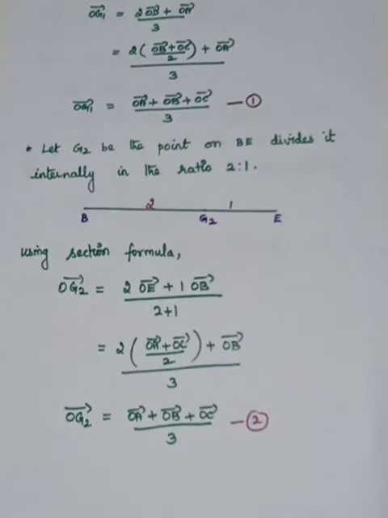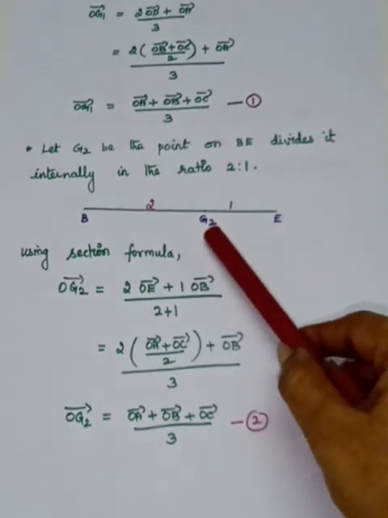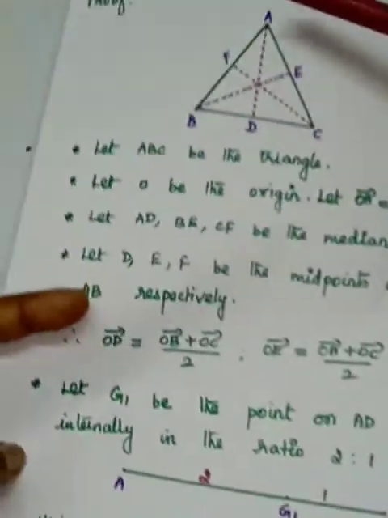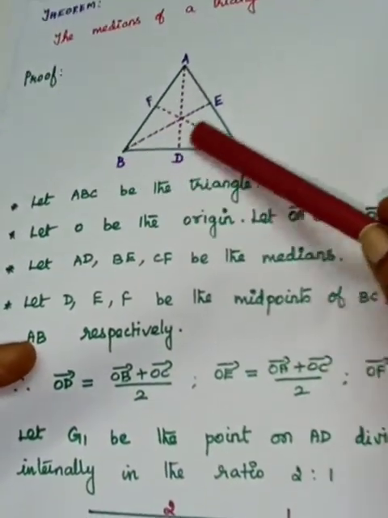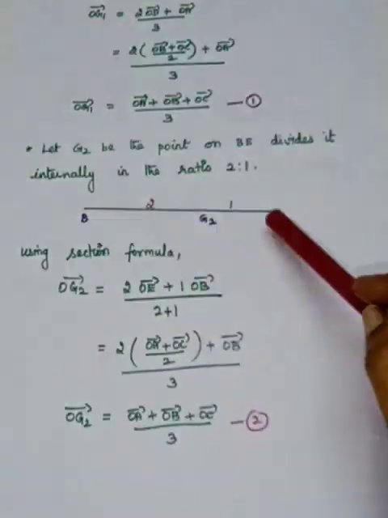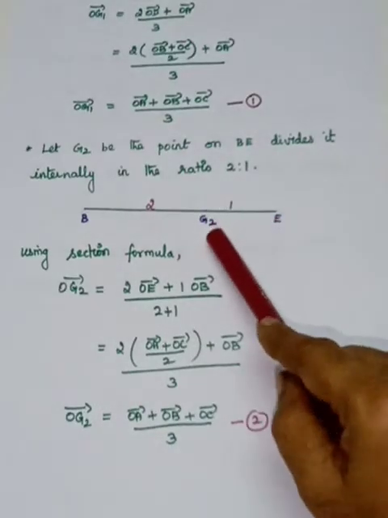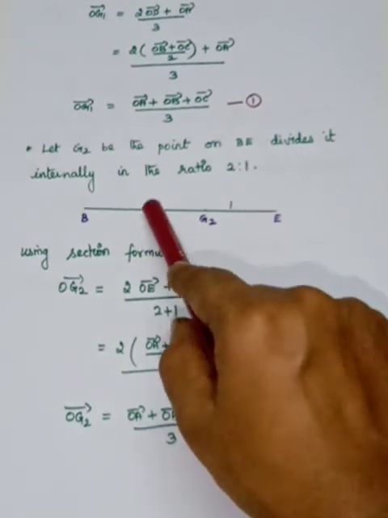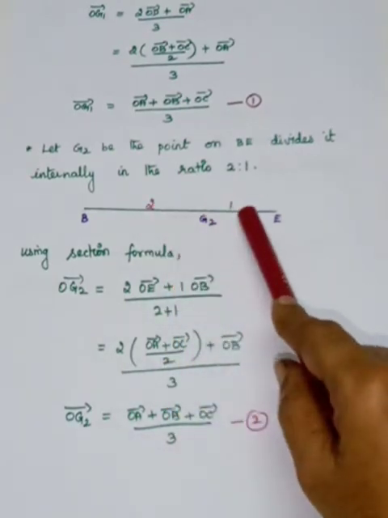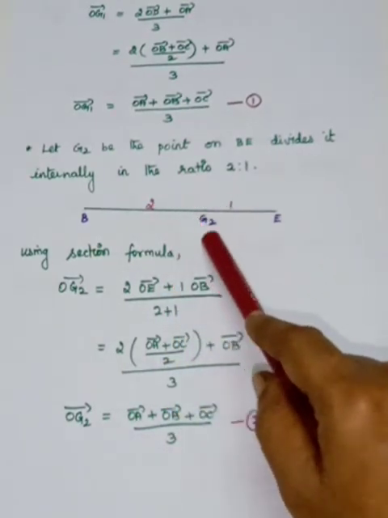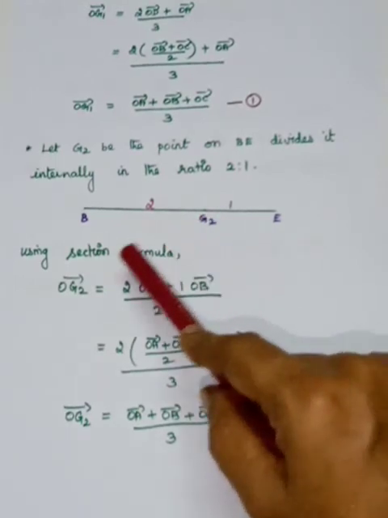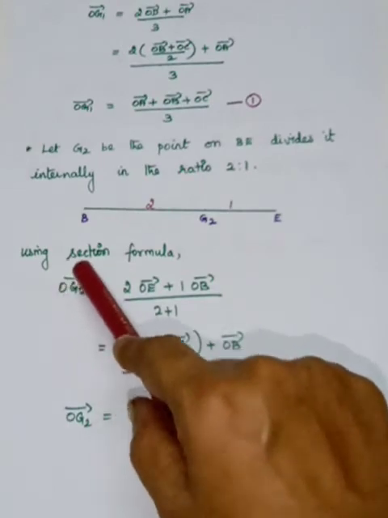In the same way, take the next point G2 on the second median. What is the second median? AD is one median. The second median is BE. So G2 is the point on BE which divides it internally in the ratio 2:1. So using the section formula, we are going to find the position vector of G2, that is nothing but the OG2 vector.